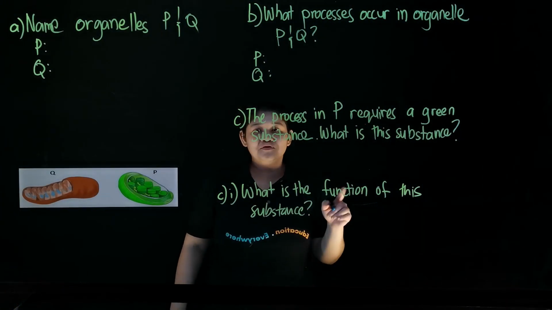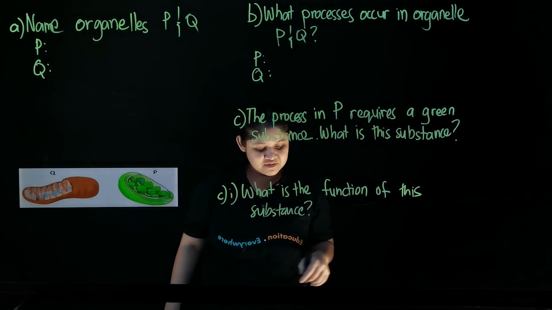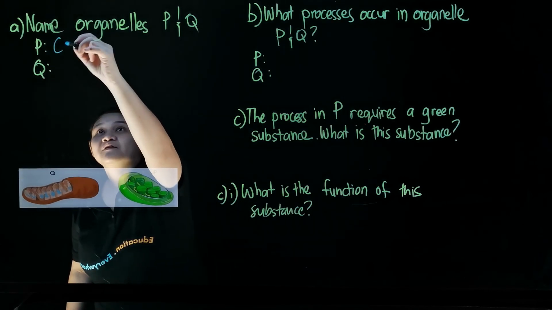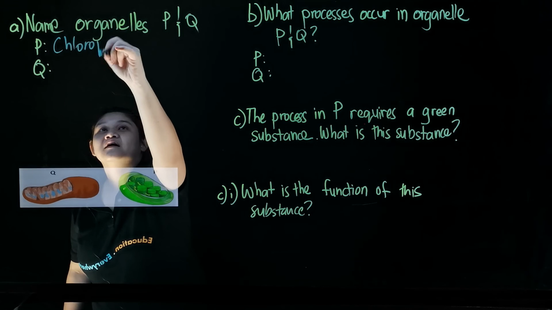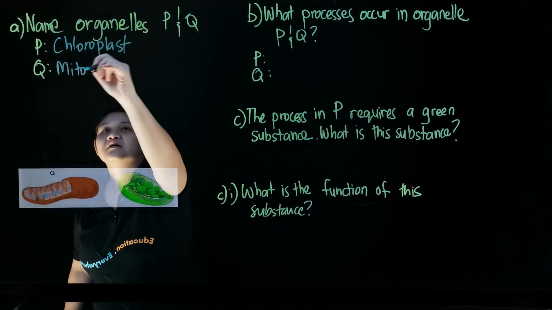For those of you who have tried to answer this question, let's check your answers. P is chloroplast. Q is mitochondria.